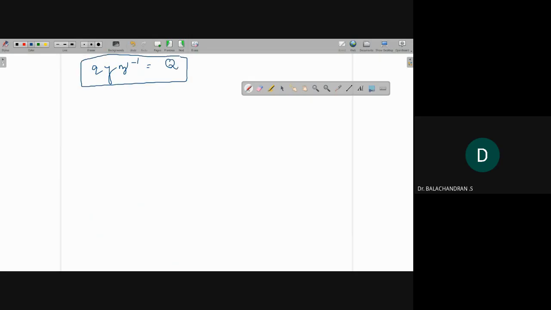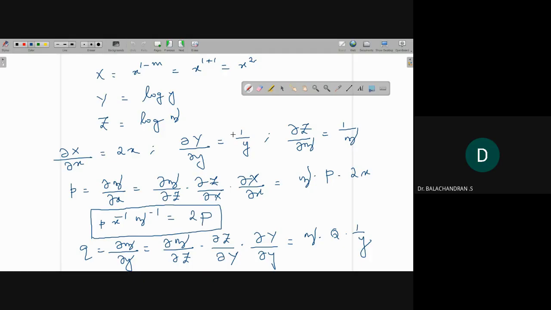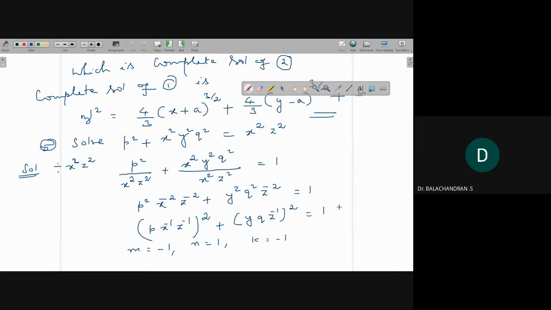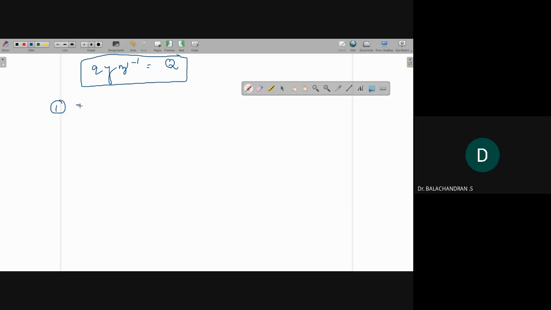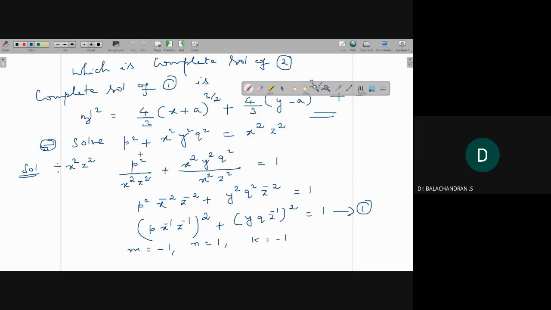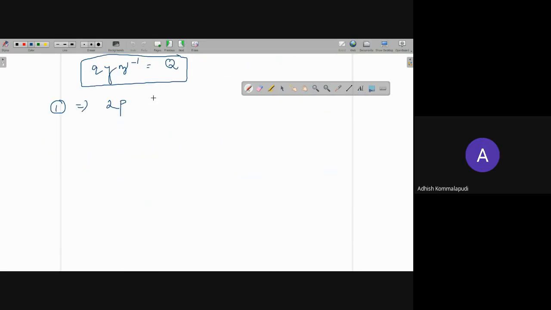Now substitute these values in equation number 1. So this implies (2P) whole square plus Q square is equal to 1.